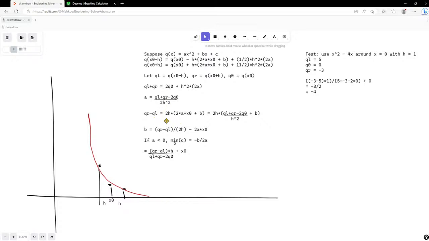And qr minus ql is this ugly expression, 2h times 2a times x naught plus b. Therefore, b is equal to qr minus ql divided by 2h minus 2ax naught.